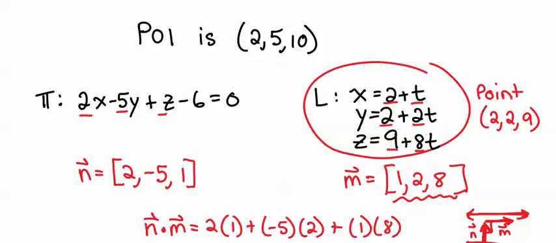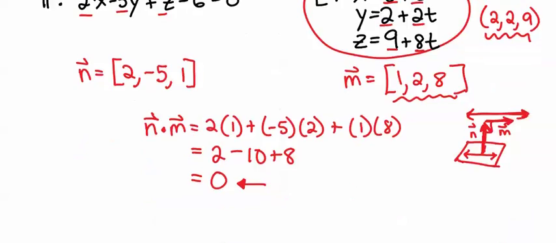If I take my plane and I want to know, is my line on my plane or is it parallel to my plane? If this point is also on the plane, then they'll be coincident. But if this point right here is not in this plane, then they must be parallel.